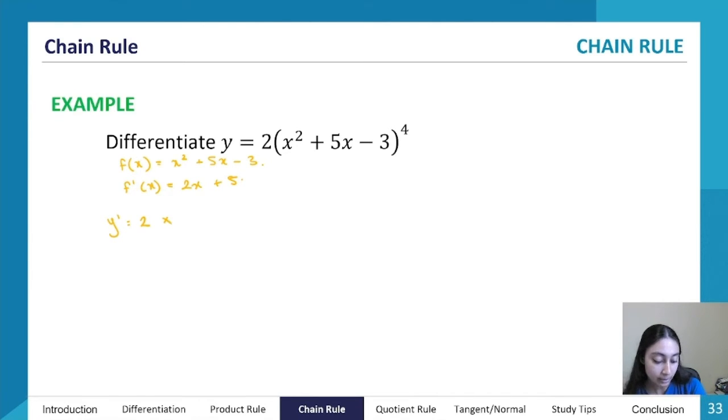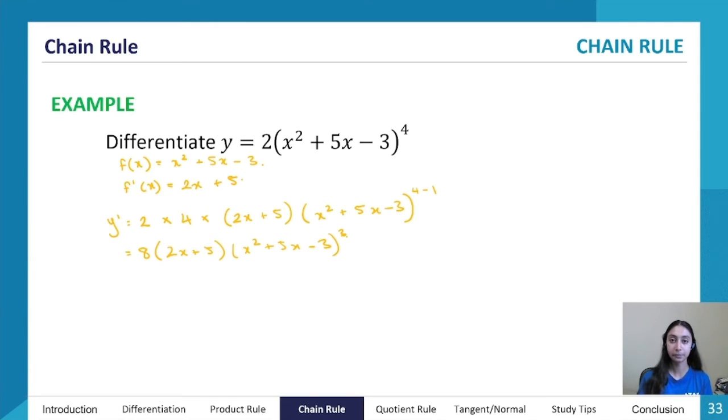And we're going to times that by our n, so 4, times f dash of x, so 2x plus 5, times our f of x, so x squared plus 5x minus 3, all to the power of n minus 1, so 4 minus 1, which will be equal to 8 times 2x plus 5 times x squared plus 5x minus 3 to the power of 3. And that's my final answer.